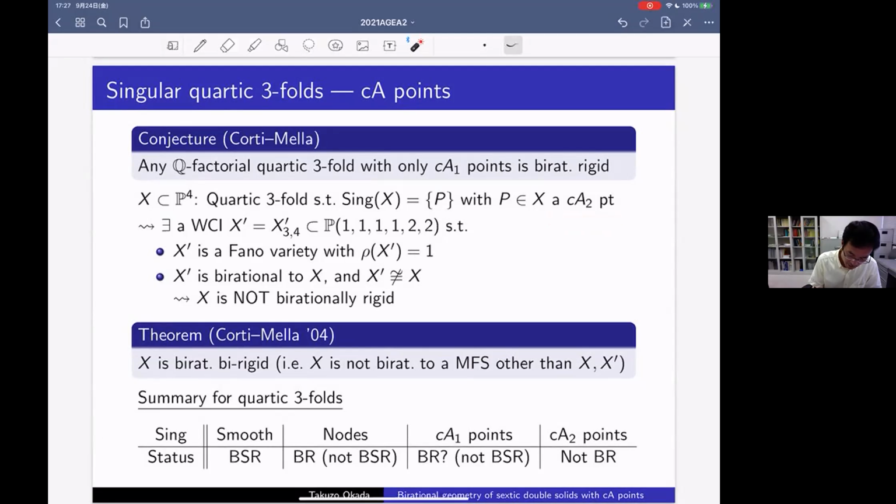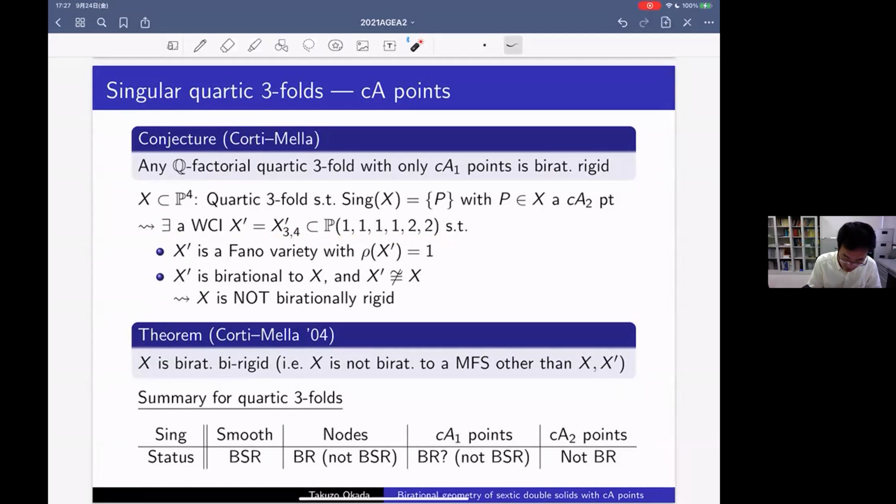Okay, let X be a quadratic threefold such that it has a unique singular point and it is of type CA2. So then Corti-Mella shows that there exists another birational model.